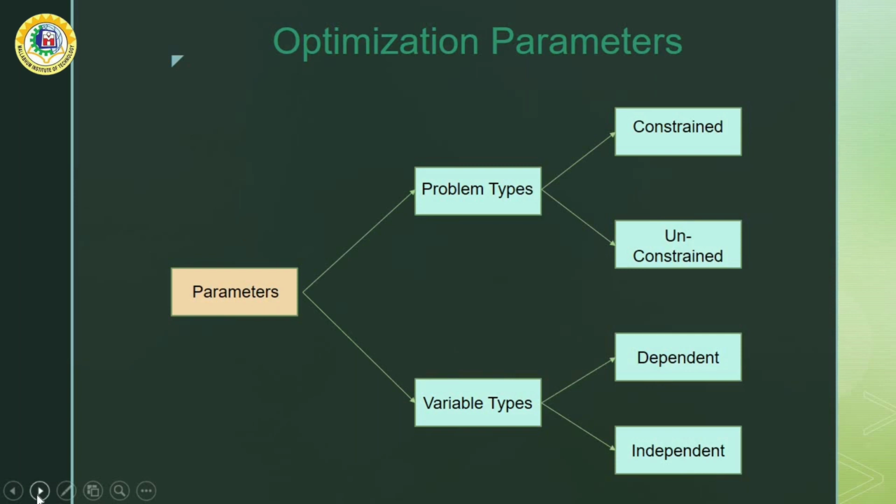Depending on the variable types, optimization problems are again categorized into two categories: dependent variable types and independent variable types. Basically, constraints mean the restrictions that must be satisfied to produce an acceptable design, and the variables are the set of unknowns which control the values of the objective function of an optimization problem.